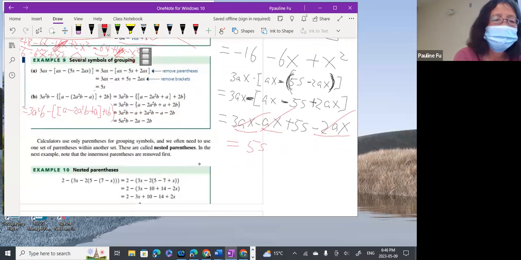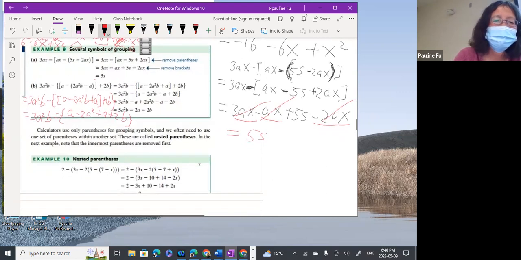Okay, so continue. 3a squared b minus, copy down curly bracket. This time take away square bracket. And now I'll continue here. 3a squared b.